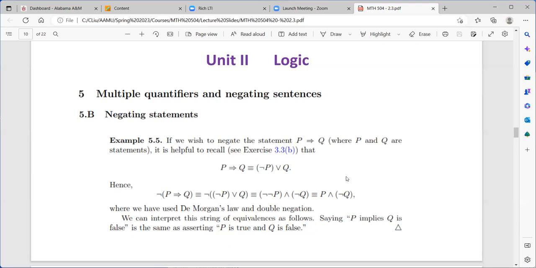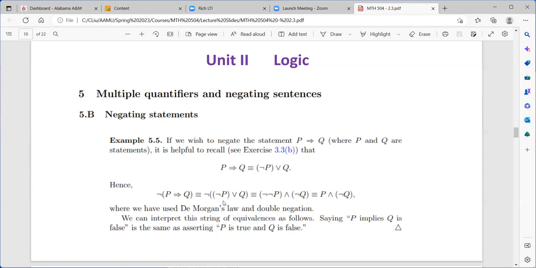So now we can use that equivalence to do the negation of the conditional statement, P implies Q. So if you try to negate P implies Q, then because P implies Q is equivalent to negation P disjunction with Q, you just negate that thing.